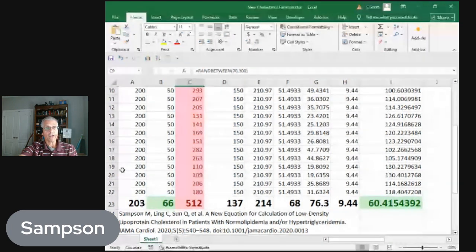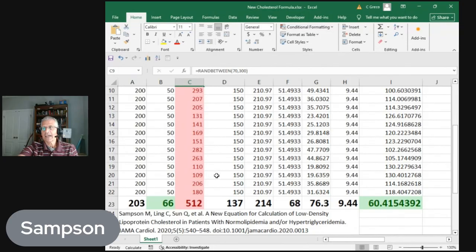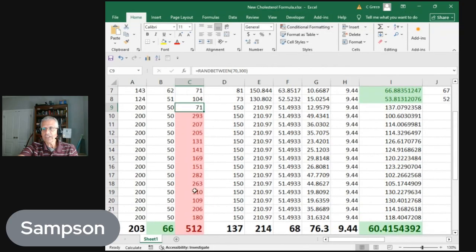A lot of people might think, oh my gosh, that's huge, right? And by increasing this triglyceride while keeping this constant, something has to be equalized. And I think that's where this equalization is important to understand.